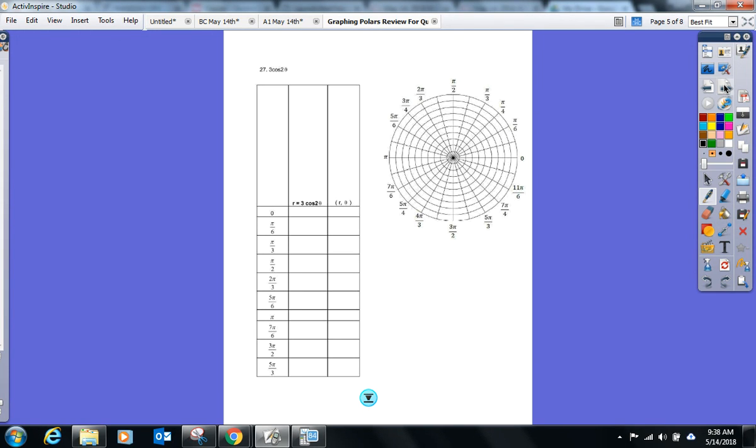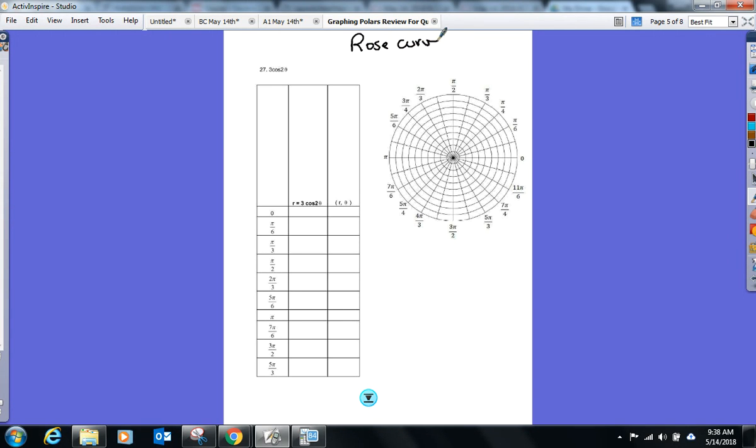This should be a rose curve with how many petals? 4. Going out to what max value? Going out to 3. It's a cosine curve, so where should you plot your first point? 0, 3. Yep. And then you guys know, find the one to the left, find the one to the right, and go every 90 degrees.